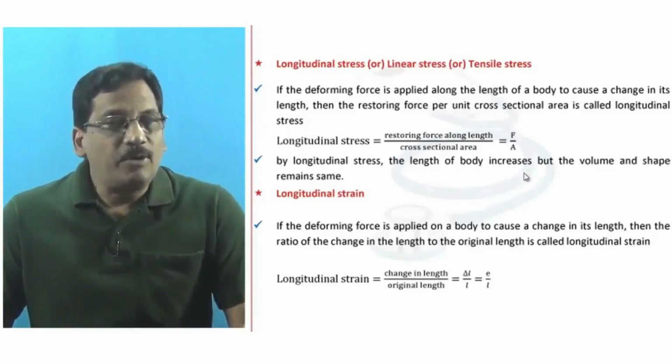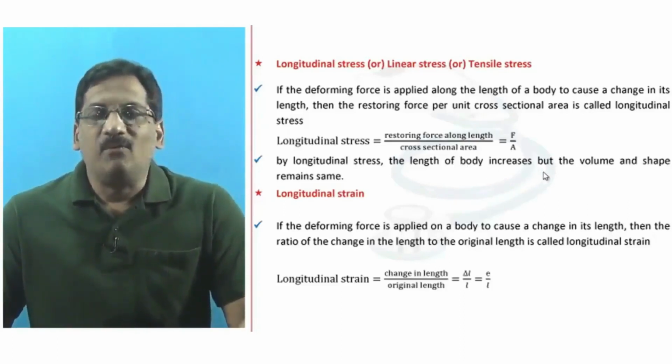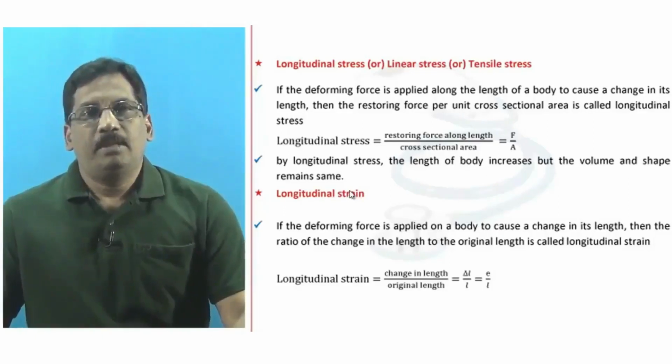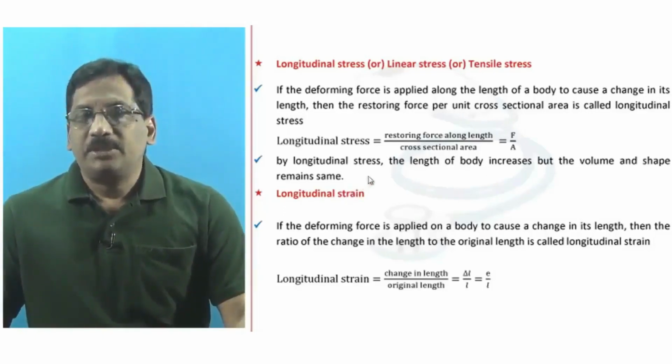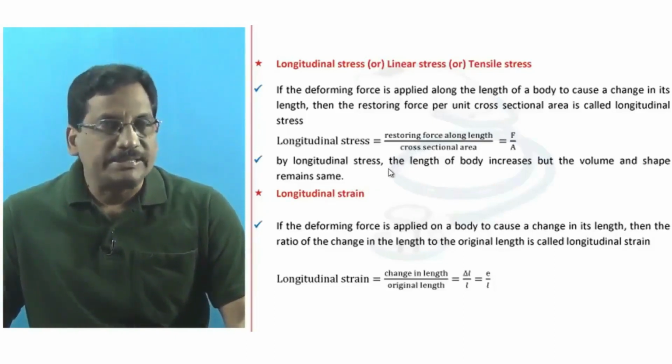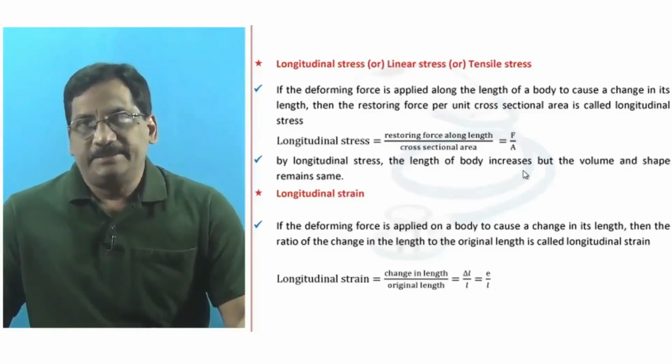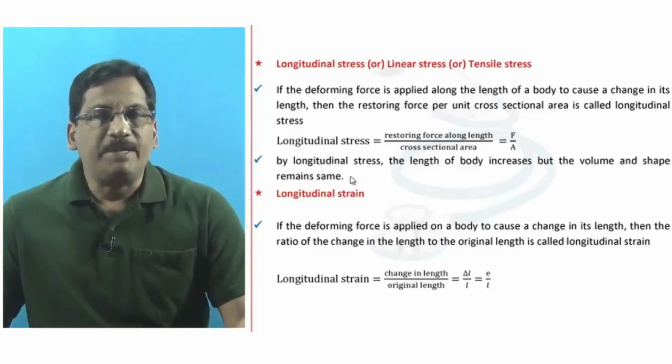The length of the body increases, but remember, volume and shape remain the same. Body is subjected to a deforming force so that it undergoes longitudinal stress. In such context, length of the body increases. There is a strain along the length, but the volume and shape remain the same.